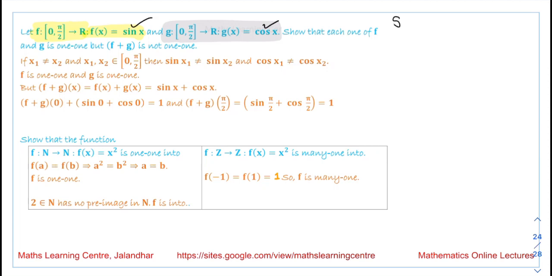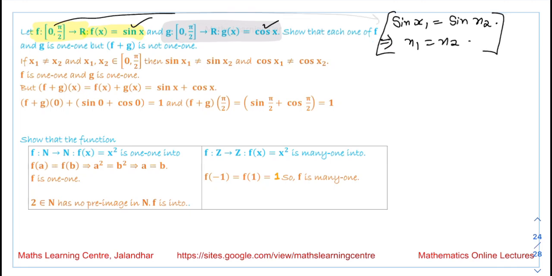So to prove that both the functions, sin x and cos x, are 1-1, we are considering, suppose sin(x1) is equal to sin(x2). So this implies that x1 is equal to x2. This is why this implies this, because the domain of the function that is given to us is 0 comma pi by 2.